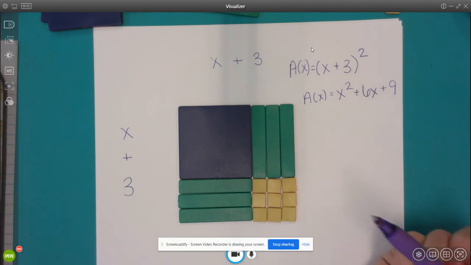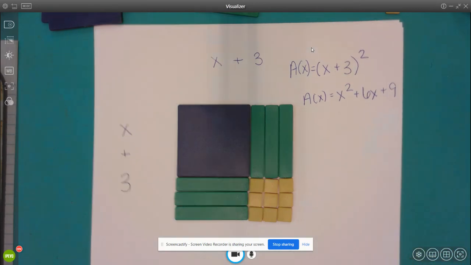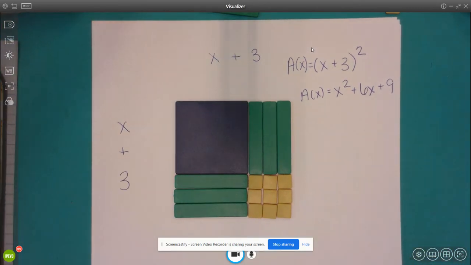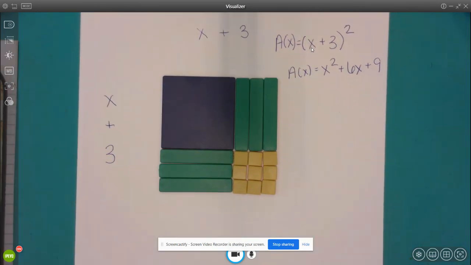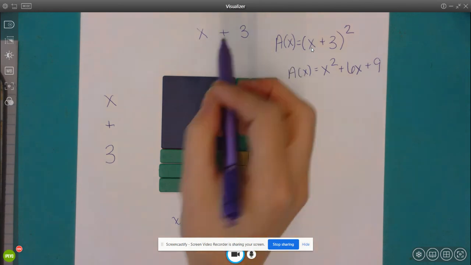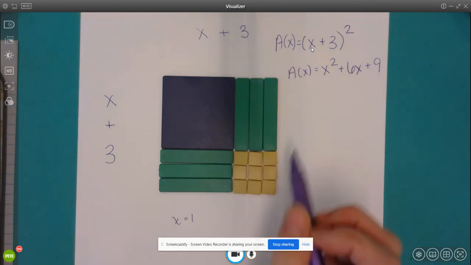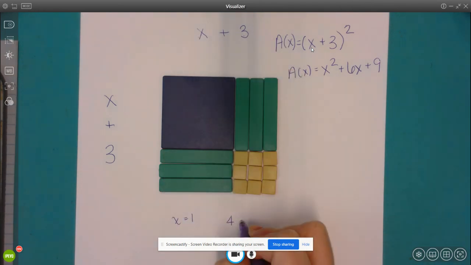So just to double check and make sure that this isn't wild and outlandish and crazy, you could actually substitute in some values for x and see if it really works. If I substituted in x equals 1, for example, then I would have 1 plus 3, which makes 4. So I would have 4 times 4, or 4 squared, which would be 16.